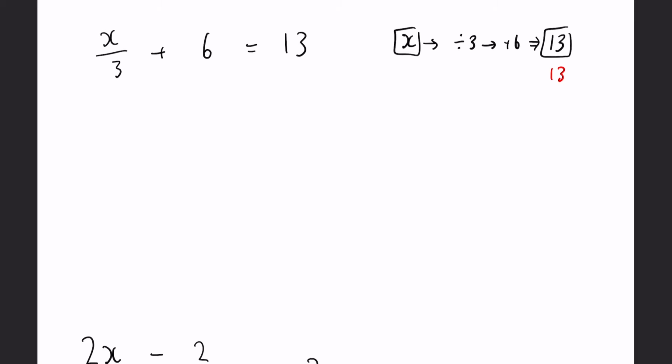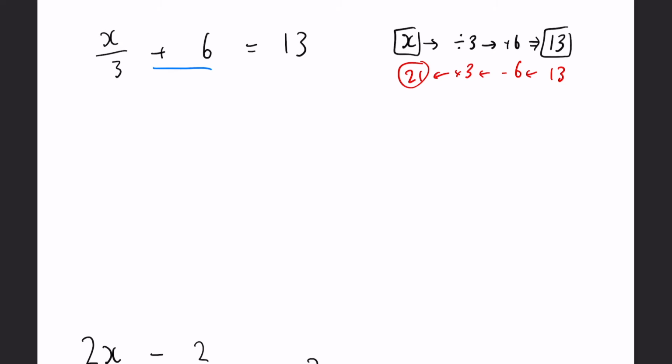Now doing that in reverse, we start with 13, we subtract 6, we multiply by 3, and that will give us our final answer. So 13 take away 6 is 7, multiplied by 3, our x must be 21. Again, doing that in a different way, the x is attached to the 3 in this case, as I like to say before.